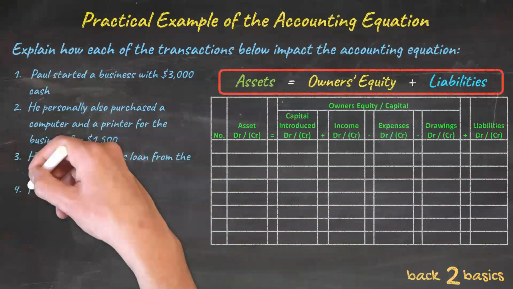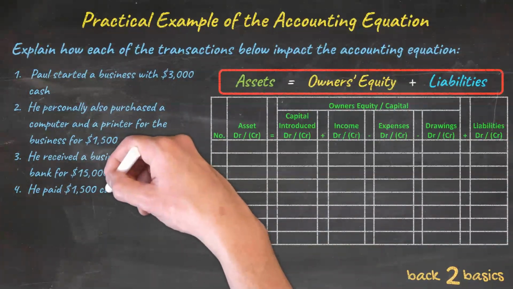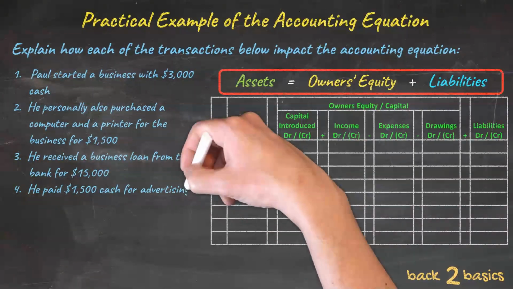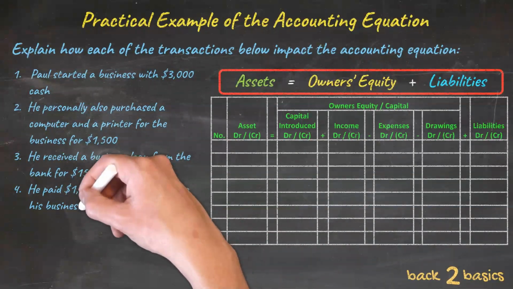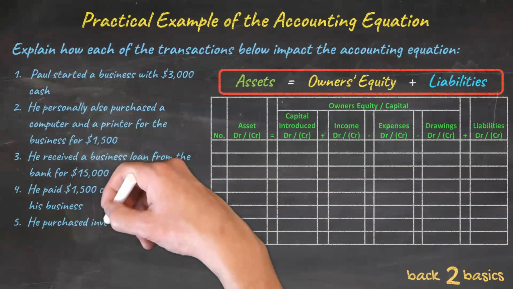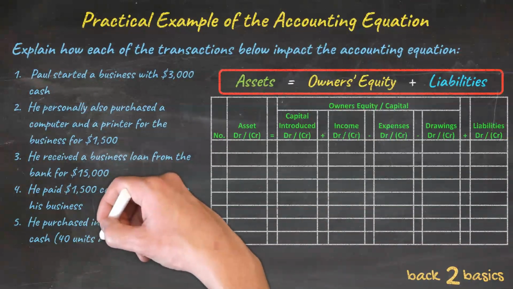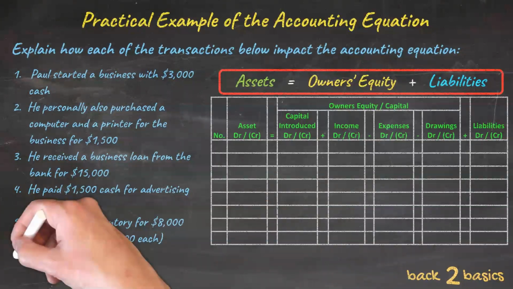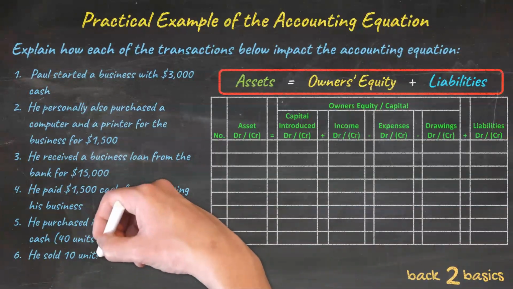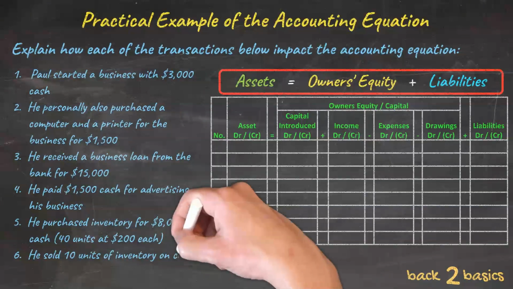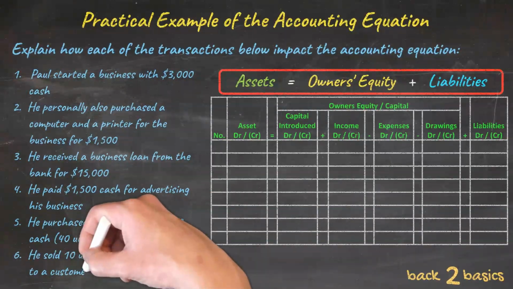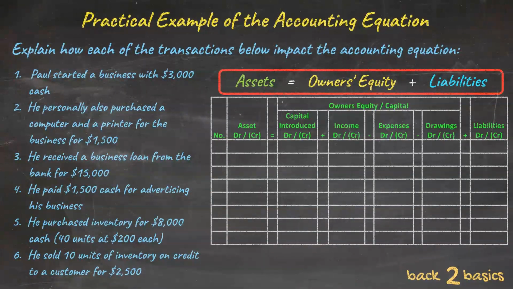He paid $1,500 cash for advertising his business. 5. He purchased inventory for $8,000 cash, which was 40 units at $200 each. And 6. He sold 10 units of inventory on credit to a customer for $2,500.